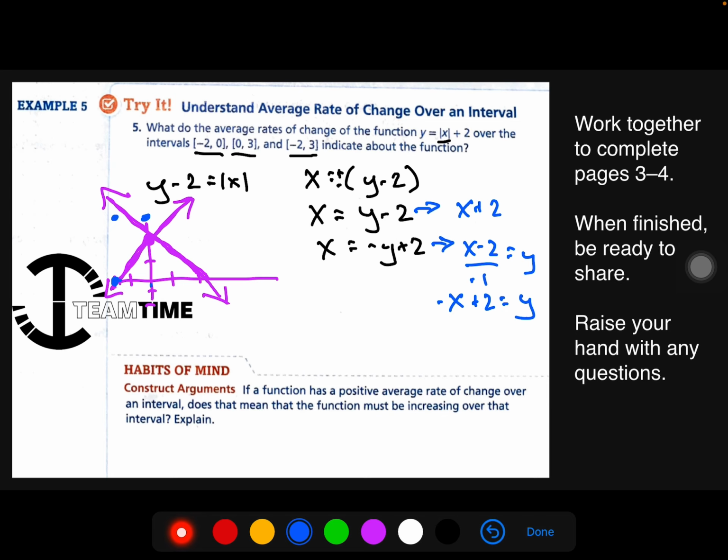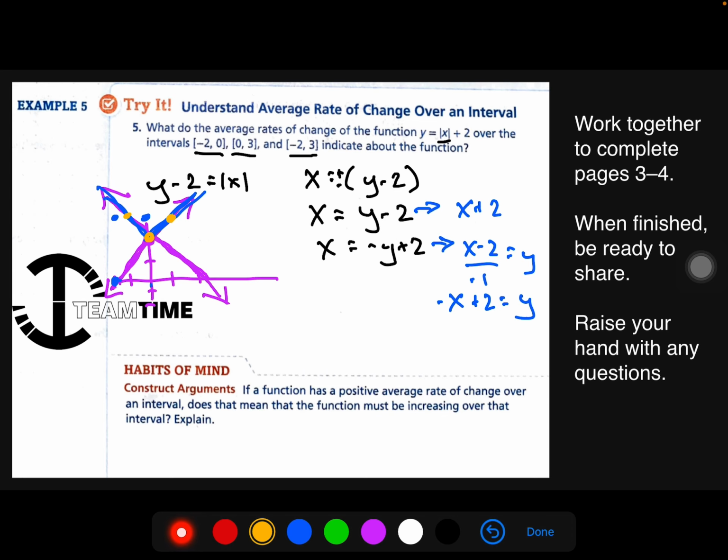Average rates of change. Well, we've got this function here. That's really what we're concerned about. And so if we took 0, we get the absolute value of 0 is 0. 0 plus 2 is 2. We're going to move over 1. We're going to move over 1. So we got absolute value of 1 is 1, plus 2 is 3.